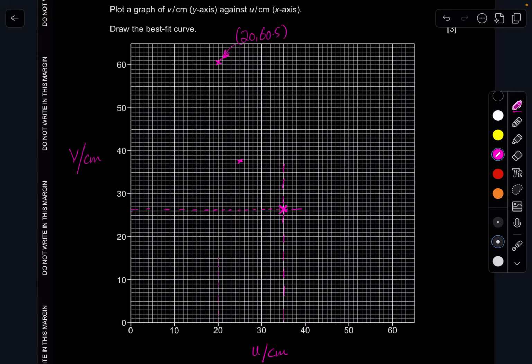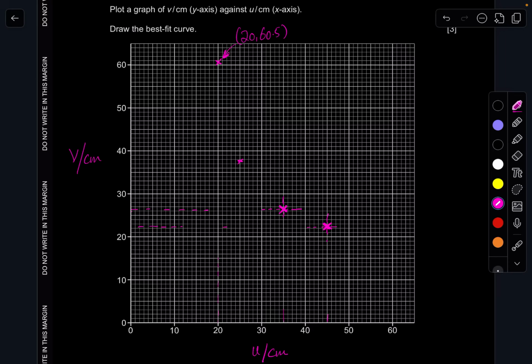Okay, next is 45 and 22.7. 45 is there, and 22.7 will be somewhere at this point. Okay, so this will be the point here. Then the next is 55 and 20.9.